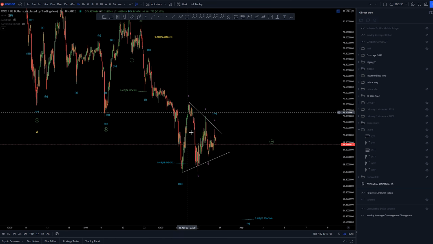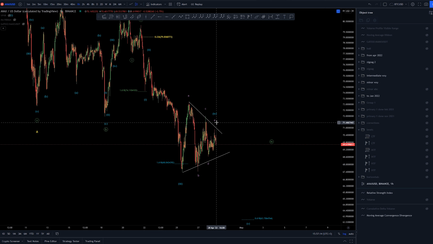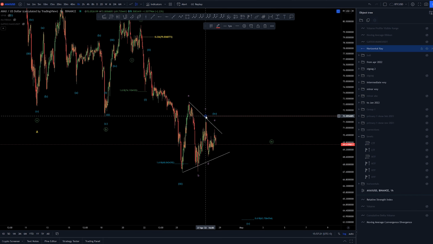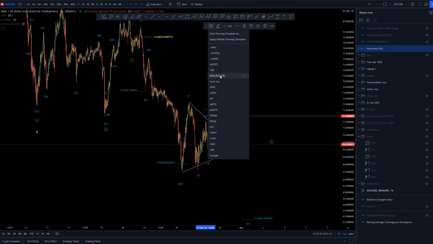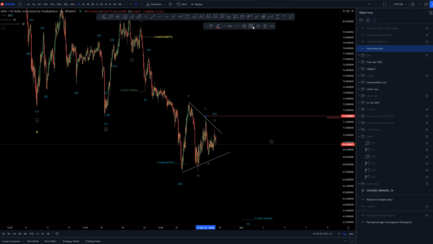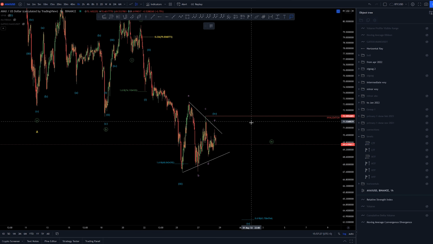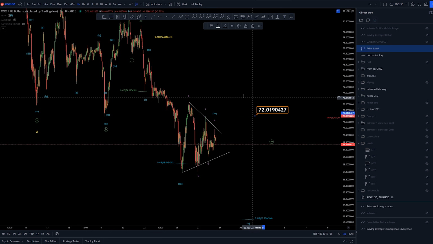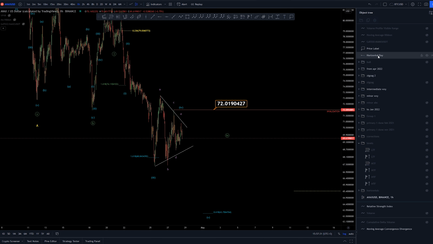Invalidation for this count, if the E would not be done, I think it is done, but if it's not done and the price starts heading higher, the invalidation for this whole count is here at $72. So that is something to keep in mind.